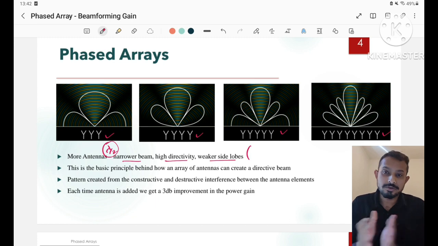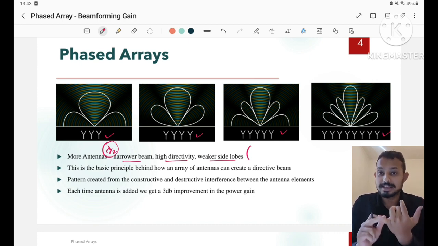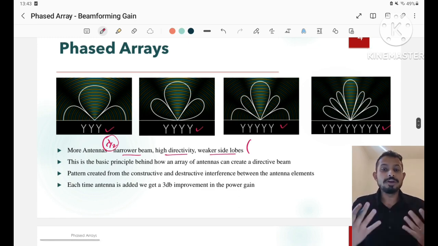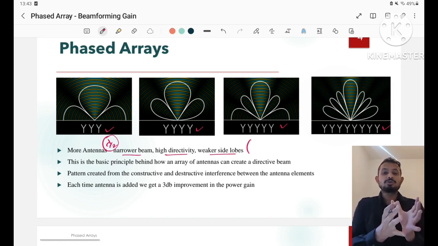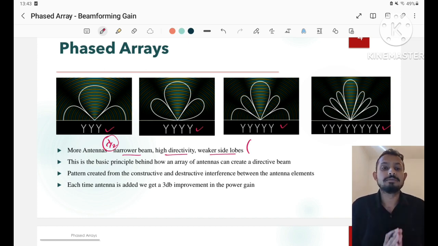As we increase the number of antennas, we get 3 benefits. First, we get a much narrower beam. Second, we get a highly directive center beam. And third, we get weaker side lobes. So what we have done is align the isotropic antennas in a linear array, and the interference between them results in a directive center beam.